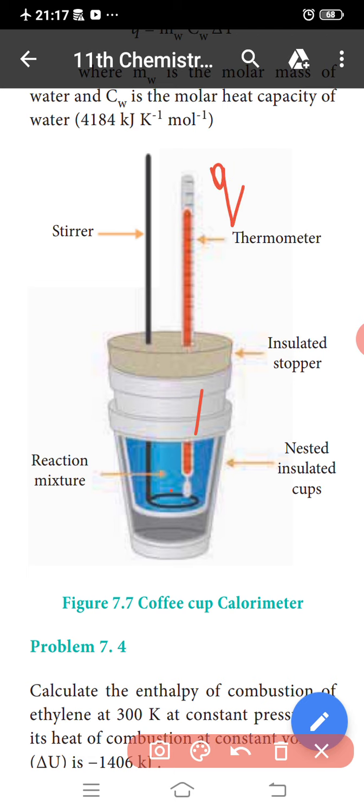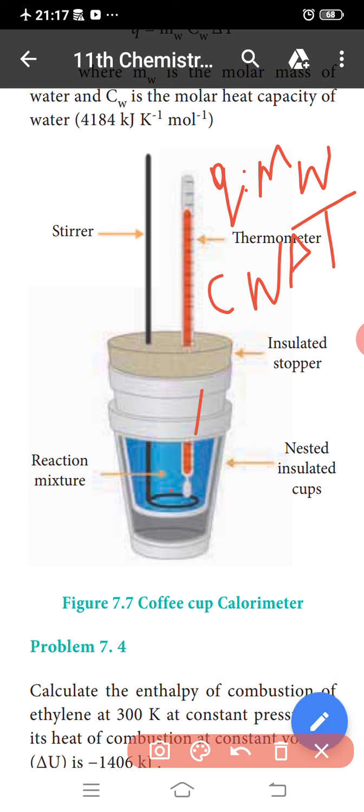Q is equal to m_w into c_w into del T. Here m_w means the molar mass of water, and c_w means the molar heat capacity of water.